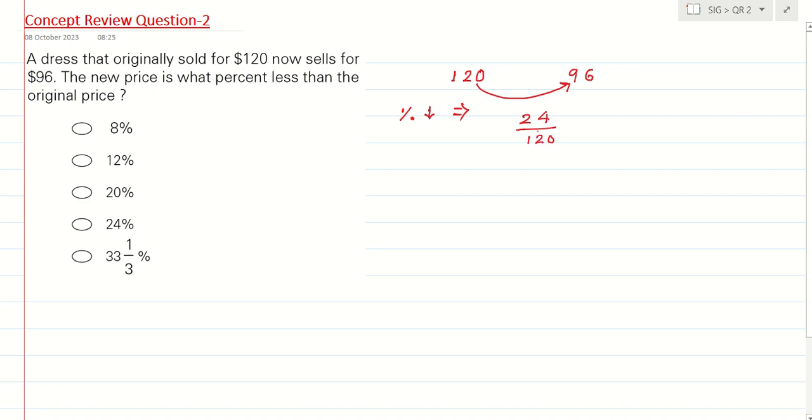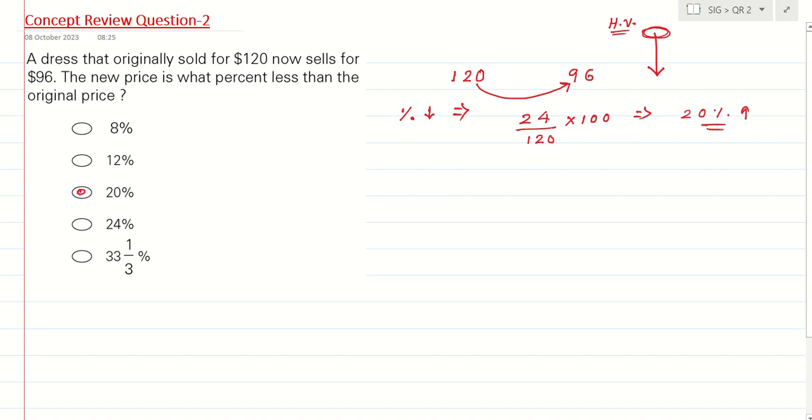Remember, in a decrement, the higher value will be the original value. So look at the downward arrow. This is the decrement, and this is the original value. Just remember visually: the higher value is decreasing, so the higher is the original value. So 24 out of 120 is 1 by 5, that is 20%. Option is there.